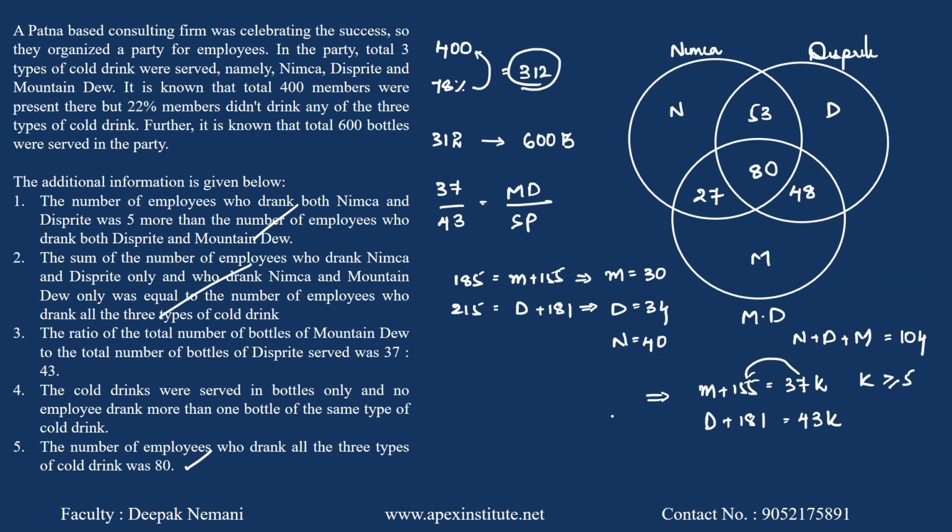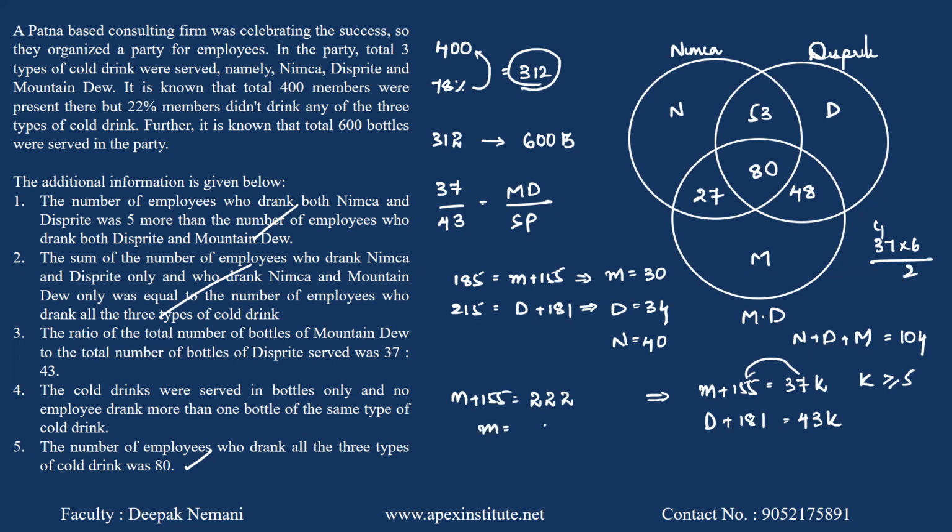Okay, now if I assume k to be 6, m plus 155 is equal to 37 into 6, which is 222. 222 minus 155 is equal to 57.